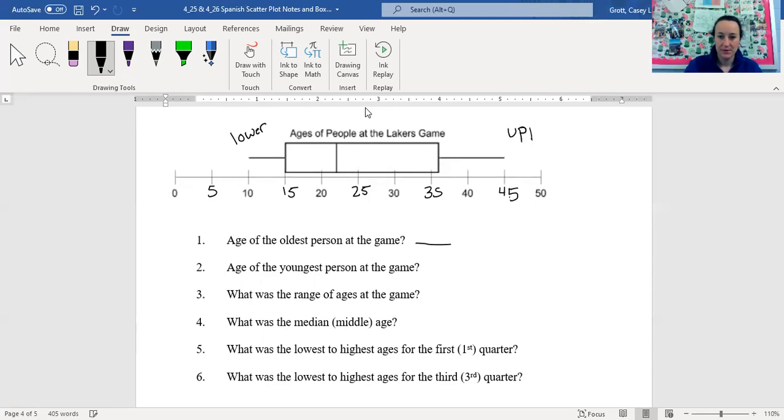This is the upper part. Give you a second to write that down. This line is my median. Just pull on some of that vocab that we just wrote down. So how old is the oldest person at the game? My graph, guys, goes from here to here. So my oldest person is 45 years old.